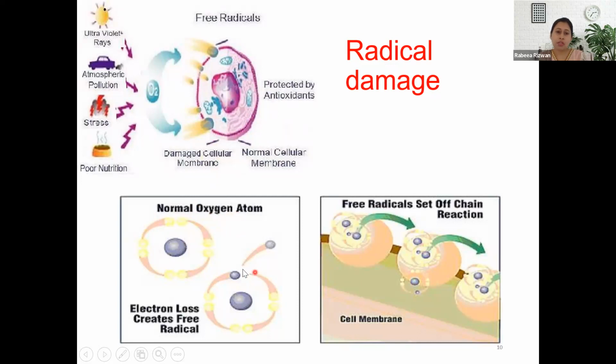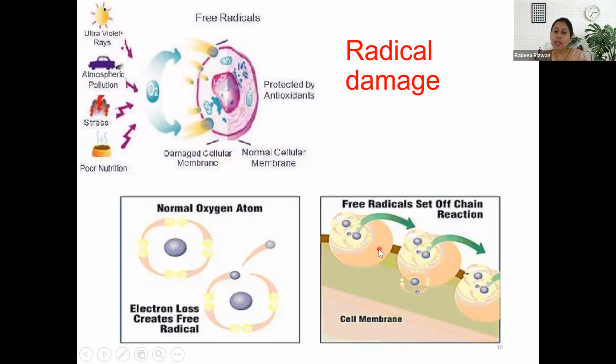This normal oxygen atom or normal cell molecule also changes into a free radical as well. And this process then continuously occurs: when it becomes unstable, it takes an electron from a normal cell. Now it becomes a free radical. For its stability, it takes from another normal cell.